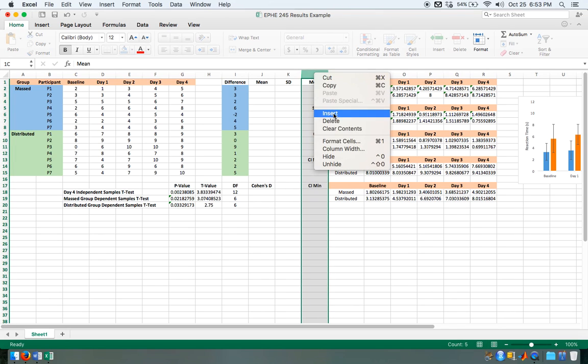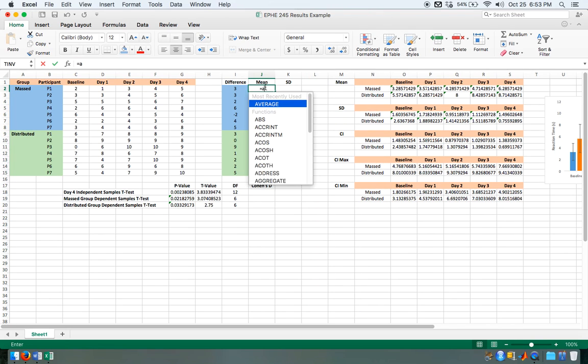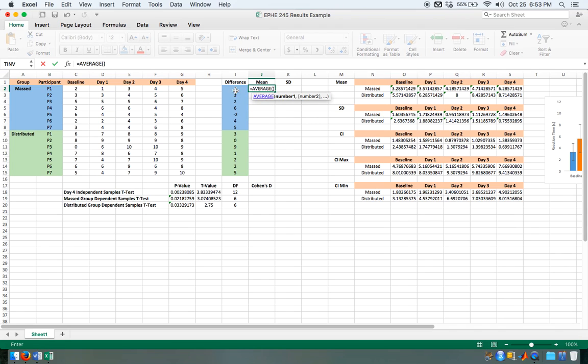This mean is just going to be the average of the difference, and the standard deviation is just going to be the sample standard deviation of this difference. Cool. So Cohen's d for the masked group is this mean divided by, you just use a slash for divided by, this standard deviation. So our Cohen's d here is 1.16.